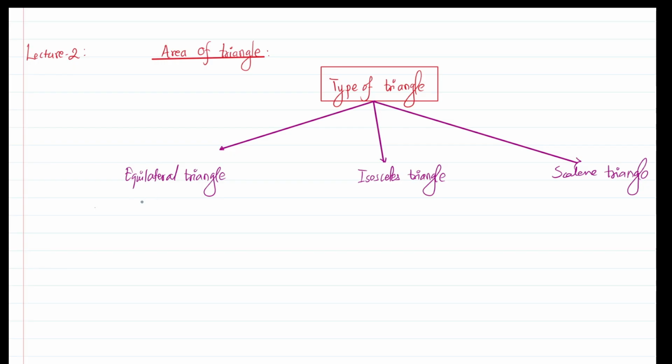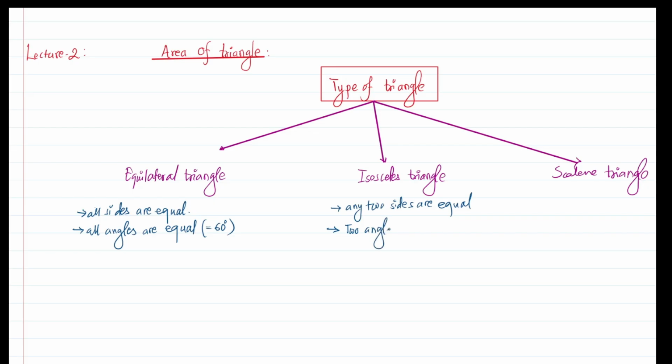In an equilateral triangle, all sides are equal, and all angles are equal, that is 60 degrees. In an isosceles triangle, any two sides are equal, and the two angles opposite to the equal sides are equal.